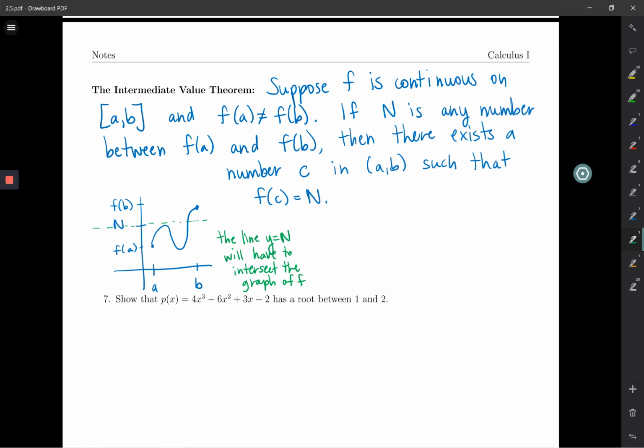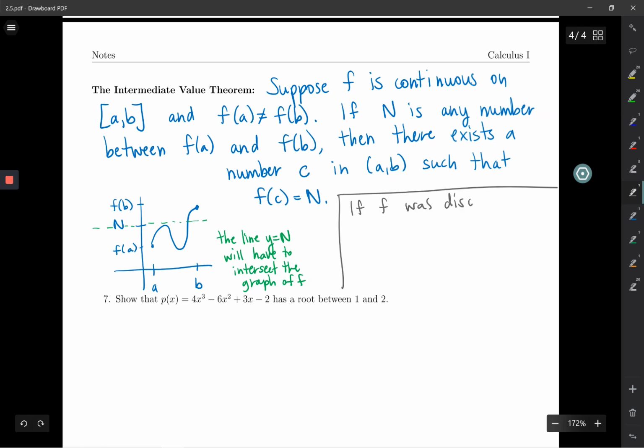Notice that if I did have, so let's block this off like this. Okay. If f was discontinuous, then I don't necessarily get this, because I could have a situation where here's f of a and here's f of b, and here's a and here's b.